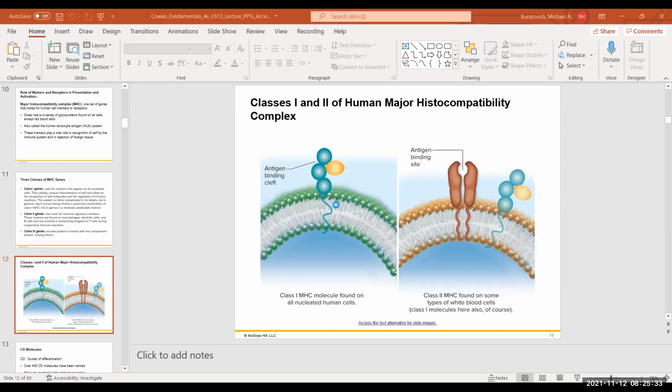And if you don't make RAG1 or RAG2, you cannot rearrange your T cell receptor genes, and you cannot rearrange your immunoglobulin genes. You don't have any diversity of antibodies. You don't have any diversity of T cell receptors. Well, no, it goes beyond that. You don't make a T cell receptor, and you don't make any antibodies.